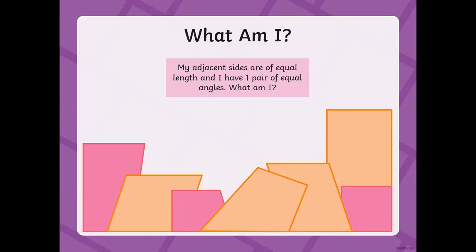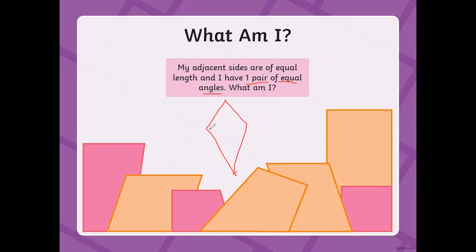We didn't learn triangle here, right? I didn't show you about triangle. No, it's not a pentagon. Did I show you anything of pentagon? My adjacent sides are of equal length. Come on, guys. And I have one pair of equal angles. Hello, what is this?